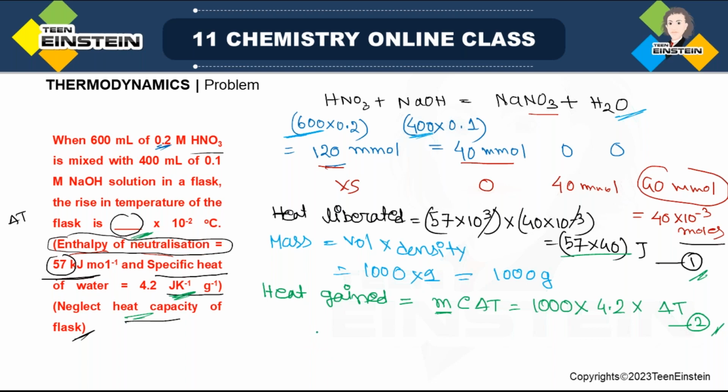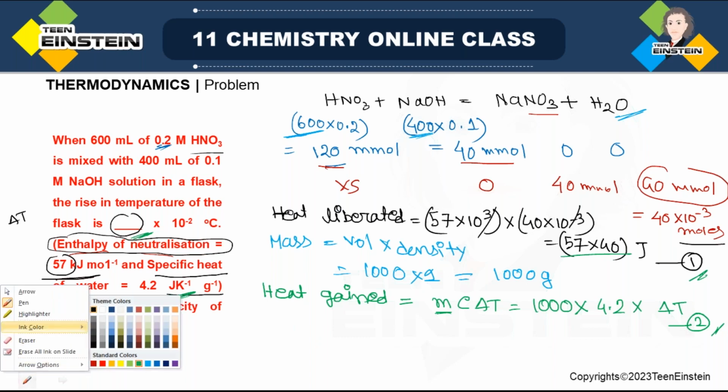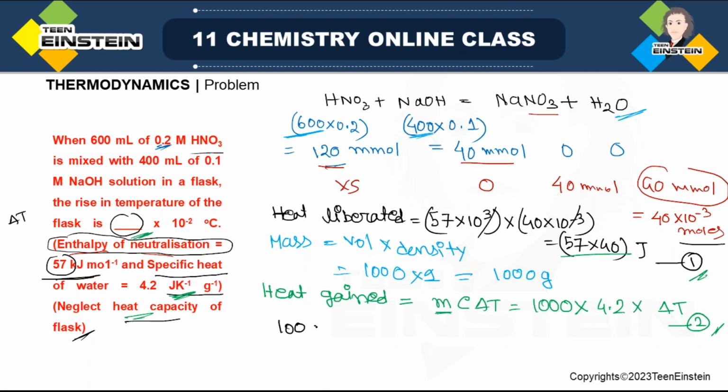You can say heat gained is equal to heat liberated. So finally we will write 1000 × 4.2 × delta T equal to 57 × 40. That is why I was saying you don't have to do the calculation earlier, you can do it directly here.